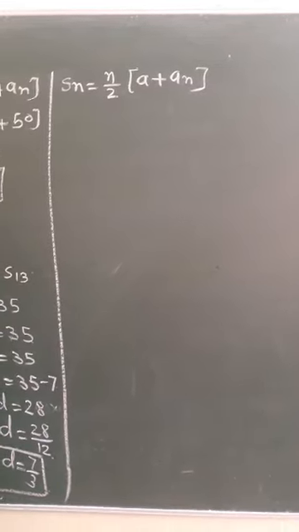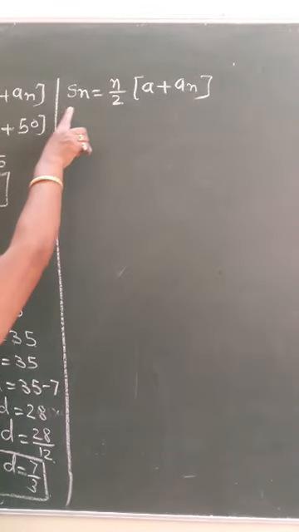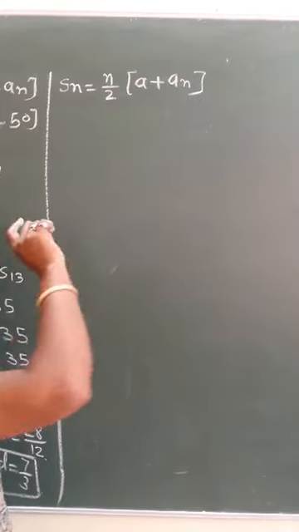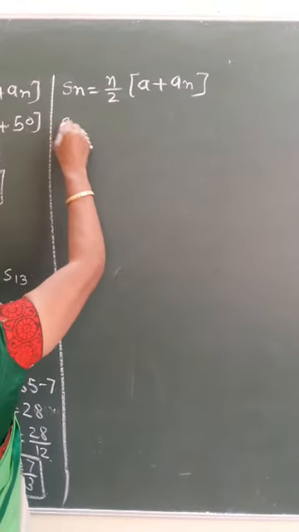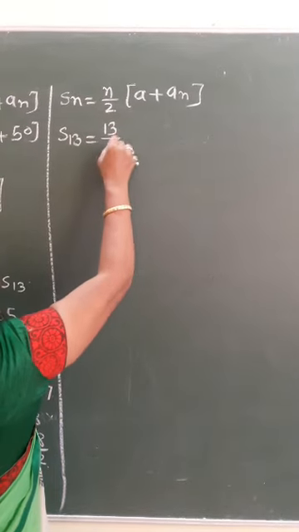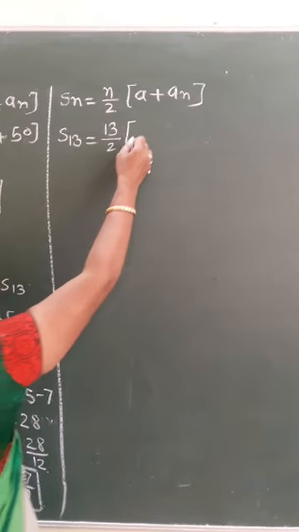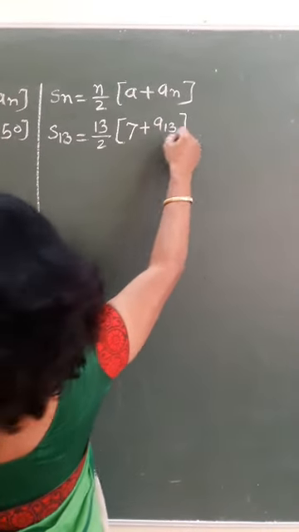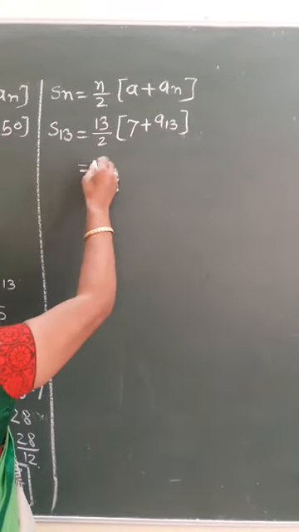Now we have to find S13. Sn is equal to n by 2 in the bracket a plus an formula we will use, because to find S13 the value of n is equal to 13. The first term they have given is 7 and a13 is 35.